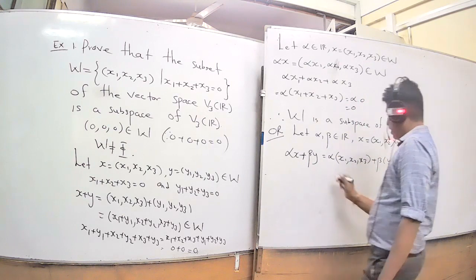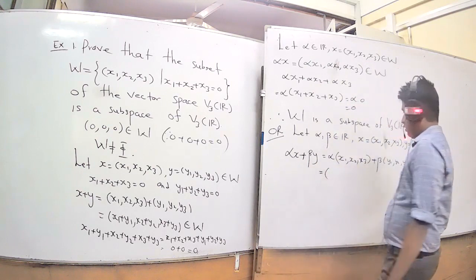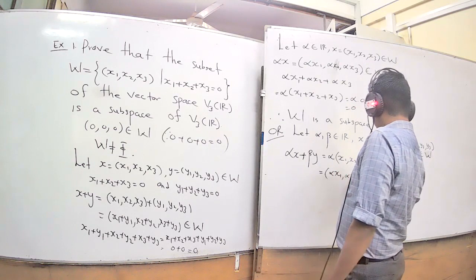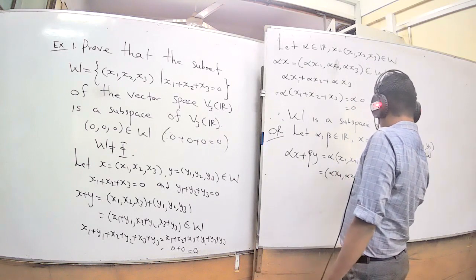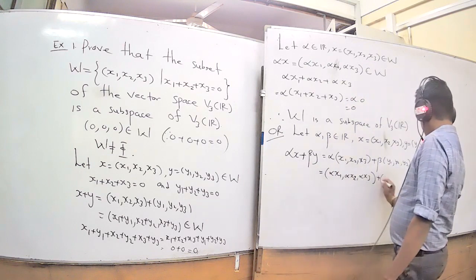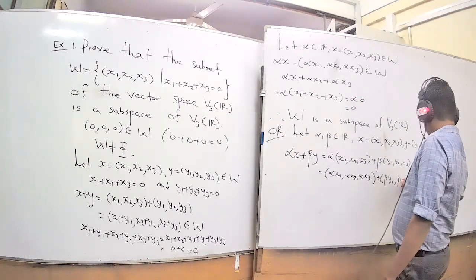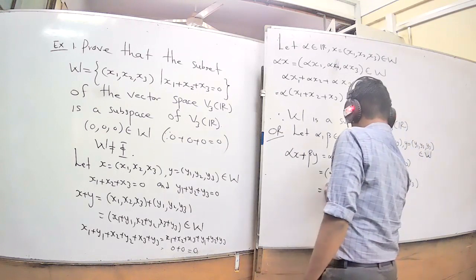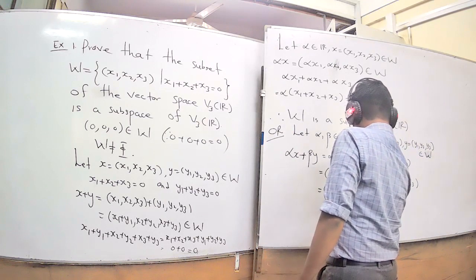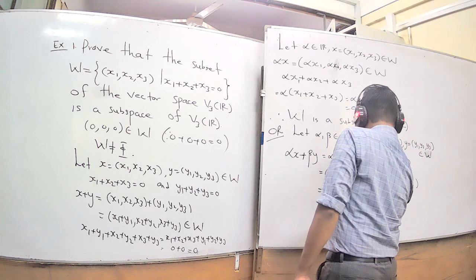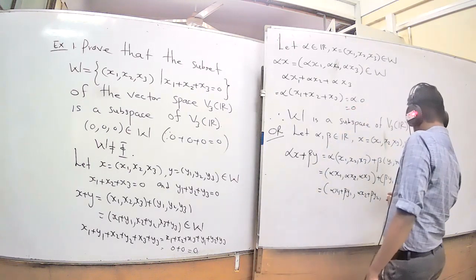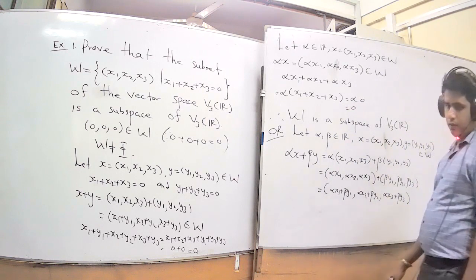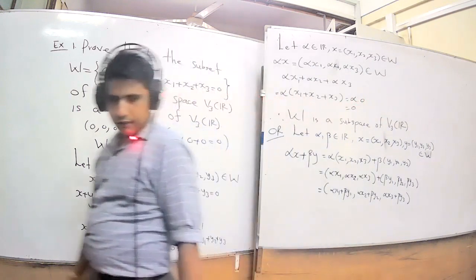Here the scalar multiplication and vector addition are both usual. Then this is (alpha x1, alpha x2, alpha x3) plus (beta y1, beta y2, beta y3), which is (alpha x1 plus beta y1, alpha x2 plus beta y2, alpha x3 plus beta y3).